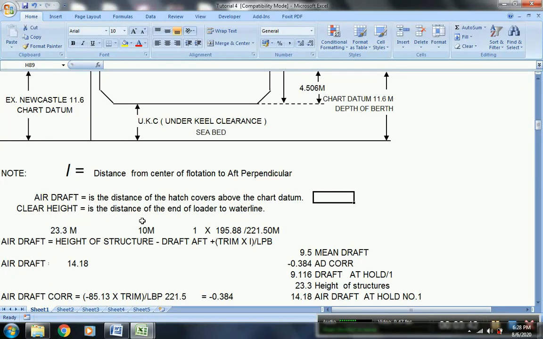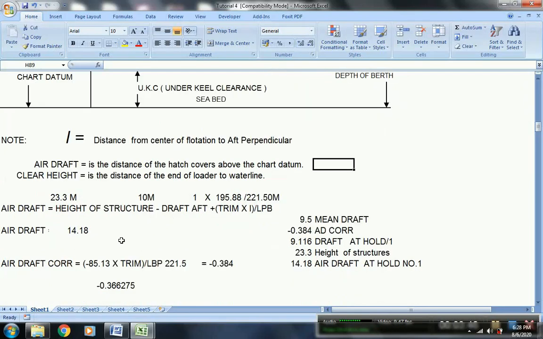Clear height is the distance of the end of the loader to the water line. So in this example, the height of the structure or the hatch cover is 23.3 meters, the draft aft is 10 meters, the trim is 1 meter, and the distance from the aft perpendicular is 195.88 meters. The length between perpendiculars is 221.5 meters.